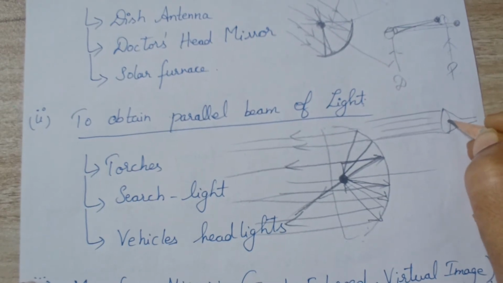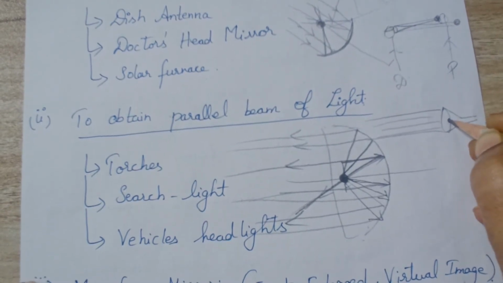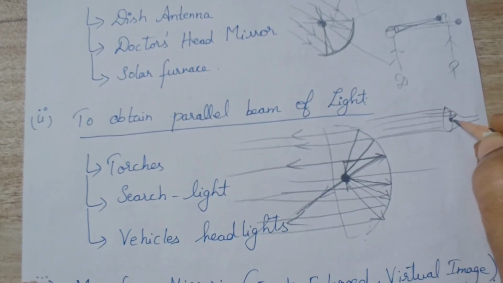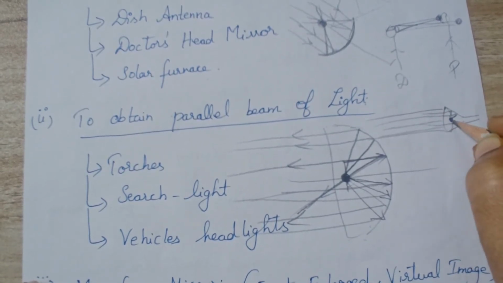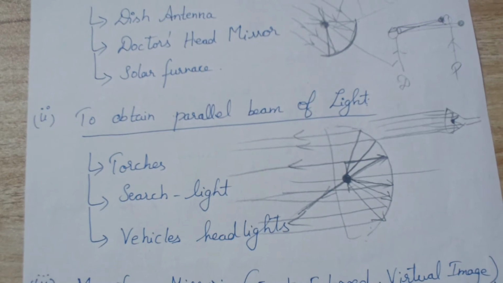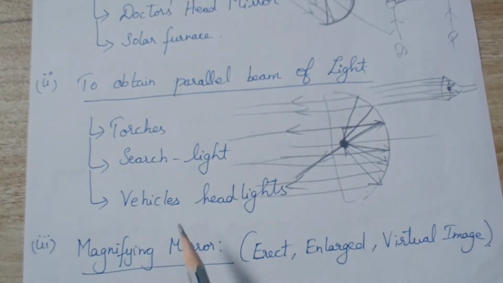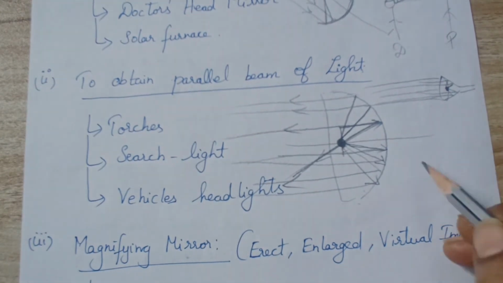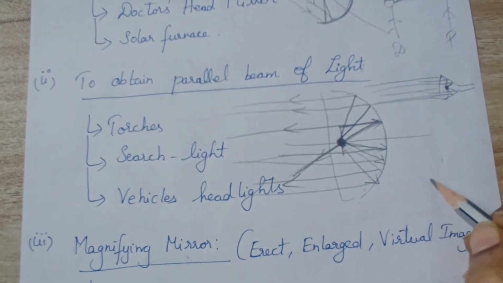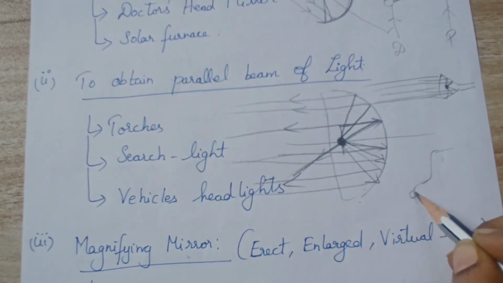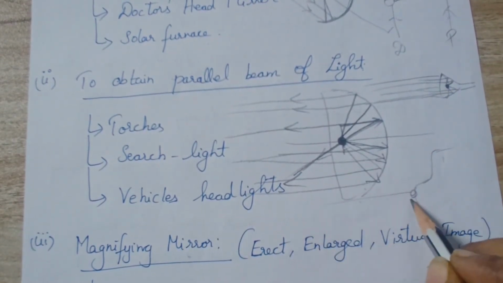Because this bulb is kept at the focus point, it will strike the mirror and rays will be reflected back parallel to the principal axis. Okay, clear on this? Same way the searchlight also, and also the vehicle's headlight. If you see this car, the headlight, you can see the rays like this, right?